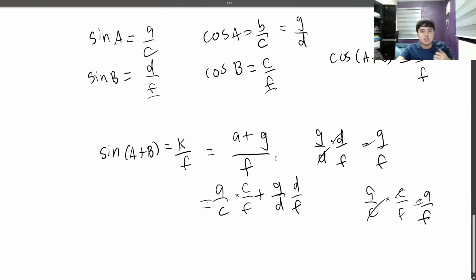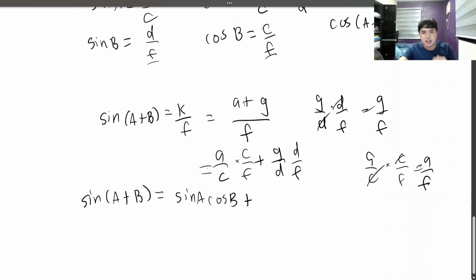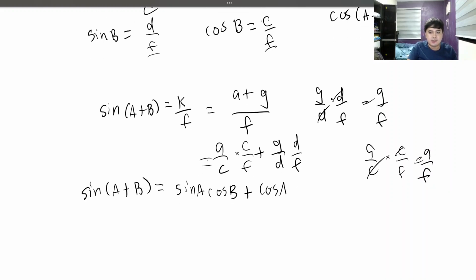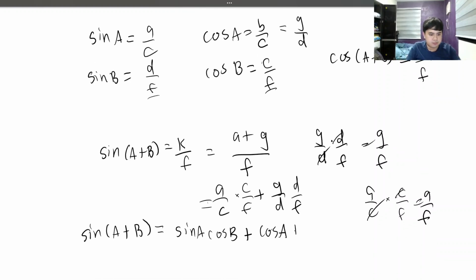Now, after this, we just put in the trigonometric equivalence. So sine of A plus B is A over C, sine A, C over F, cosine B, plus G over D, which is cosine A, D over F, which is sine of B. And there we go.